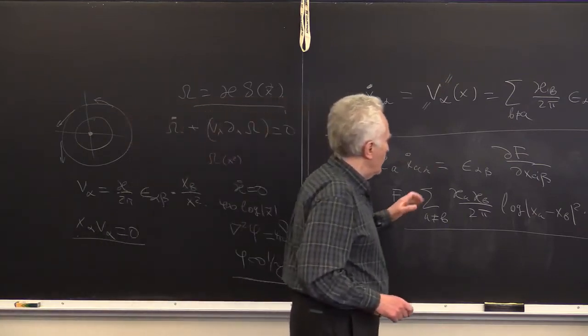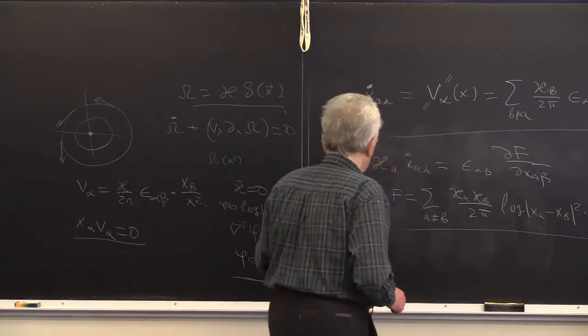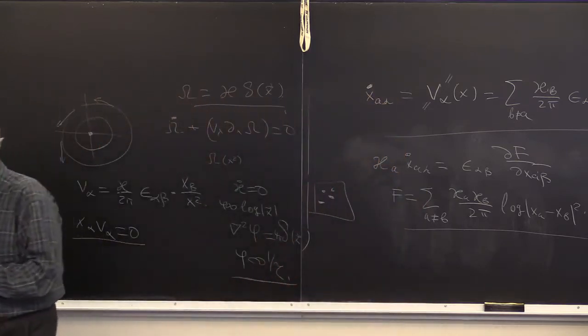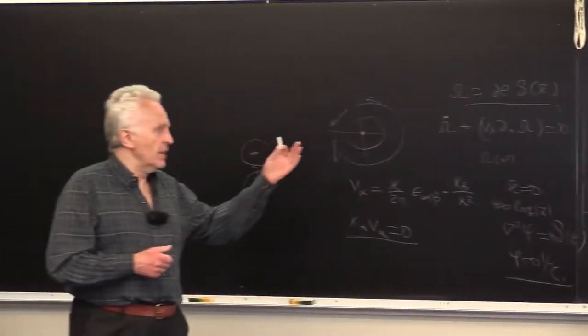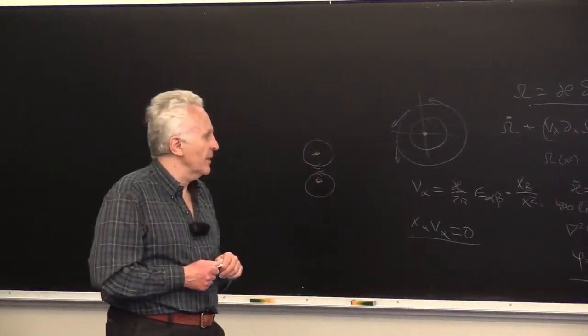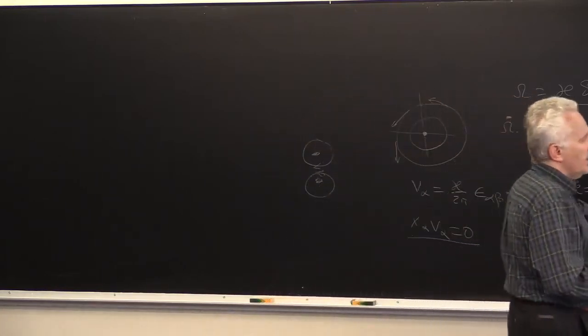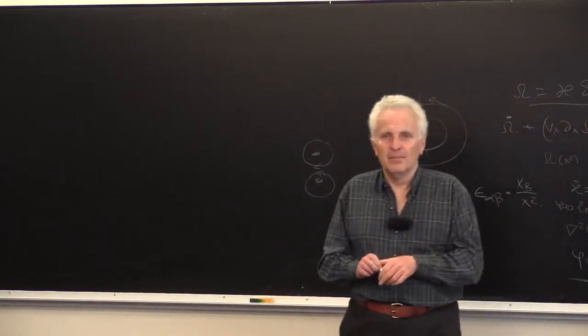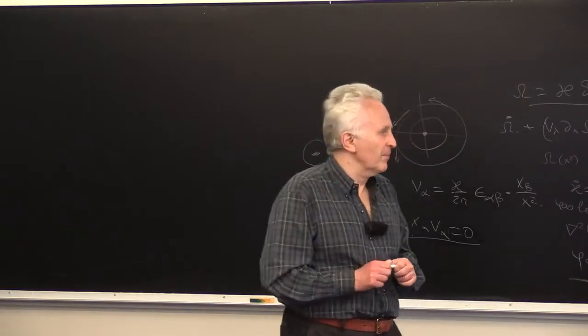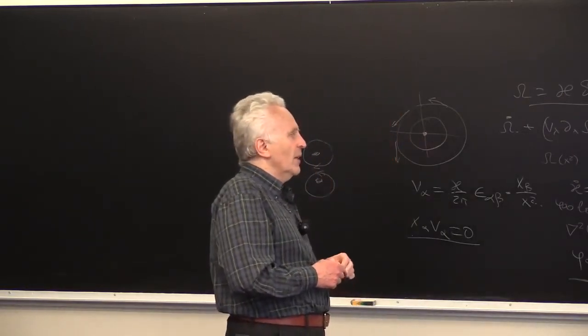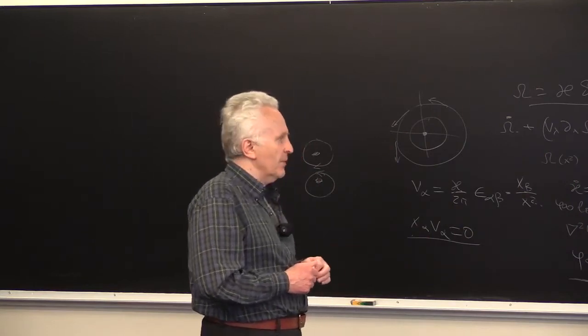We now have to understand what's going on. So what's the difference between the equation of motion for electric charges and for the vortices? The potential energy turns out to be the same. But how would you write down the corresponding equation for the electric charges?